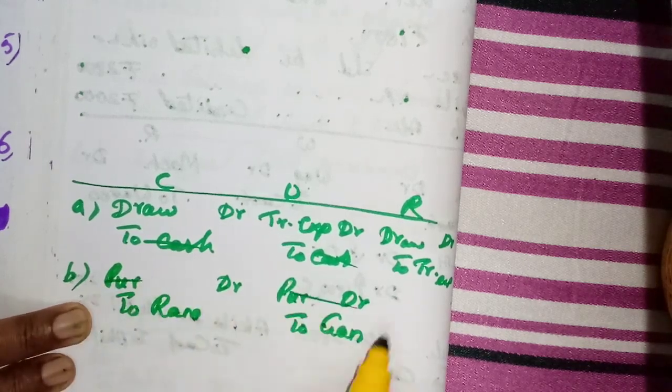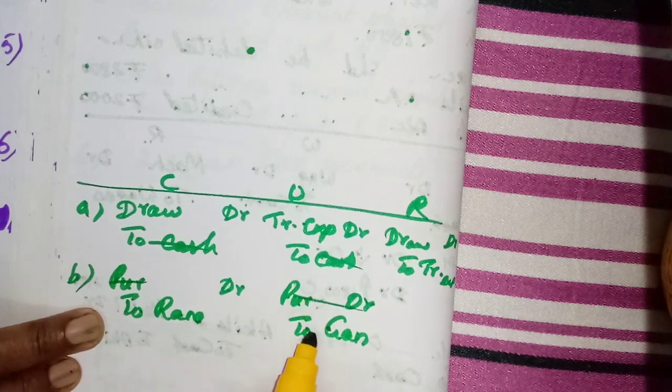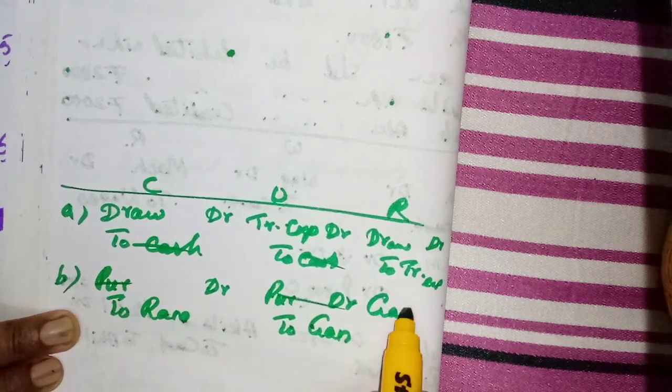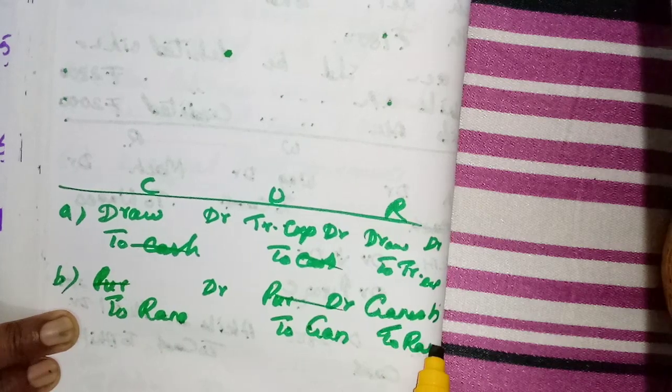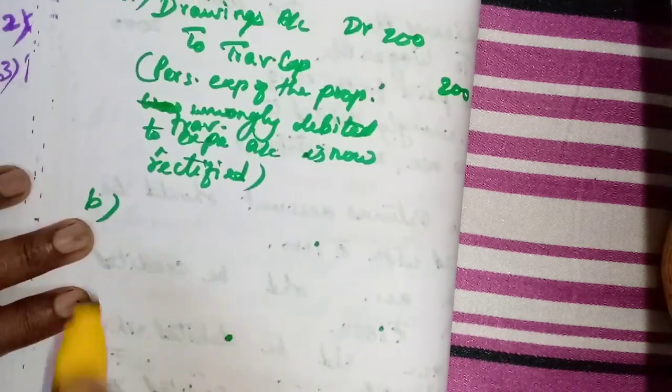So debit is no problem, isn't it? So what should be debited? The wrong credit. The wrong credit is Ganesh. So Ganesh account debtor to Ramesh account. That is what we should write.